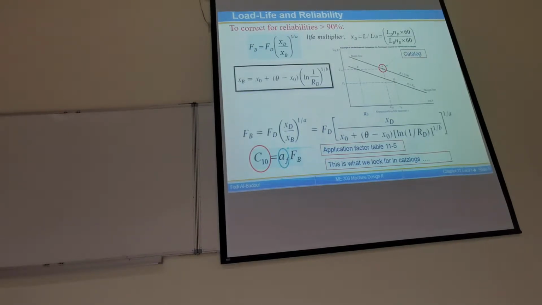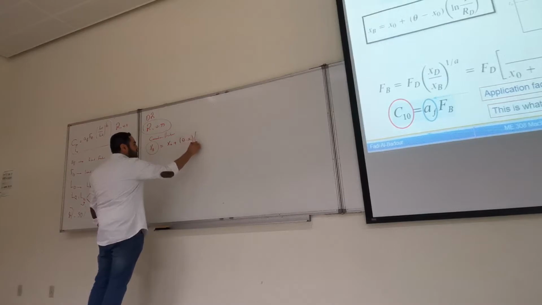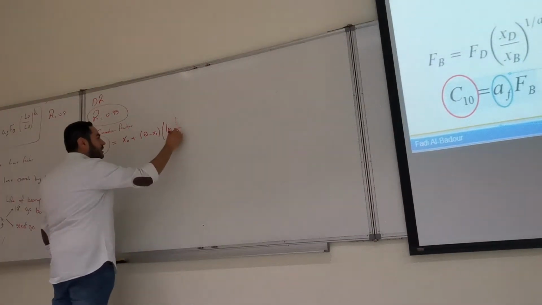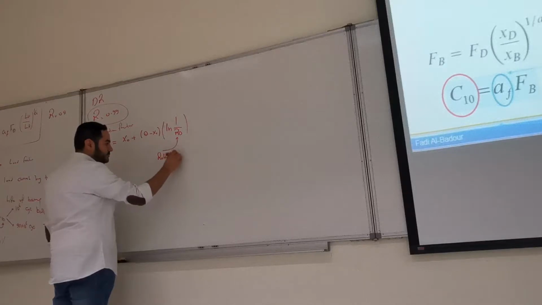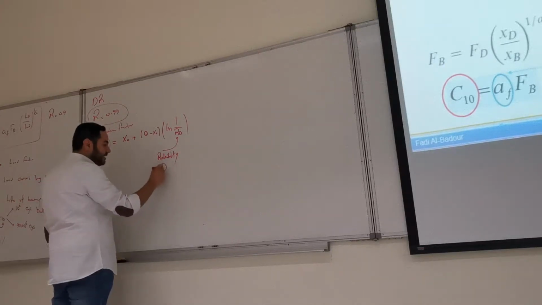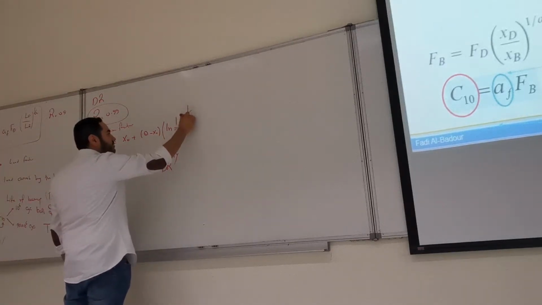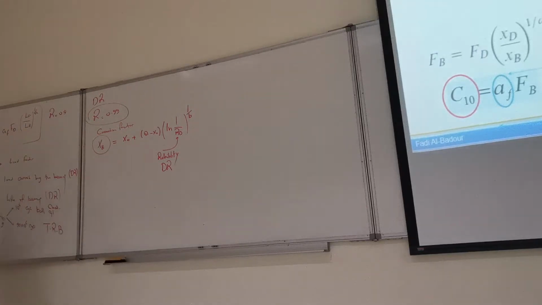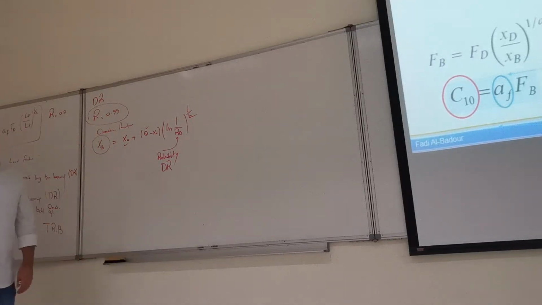XP is calculated as follows: x naught plus theta minus x naught times ln 1 over RD, all to the power 1 over b. What is RD? Simply the desired reliability, which is again a design requirement. Those parameters, x naught, theta, and b, are based on bearing type and statistical analysis, so these values are tabulated.